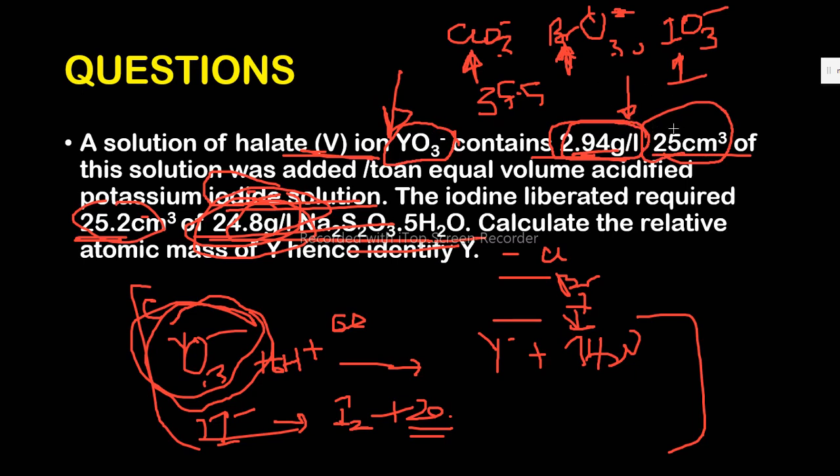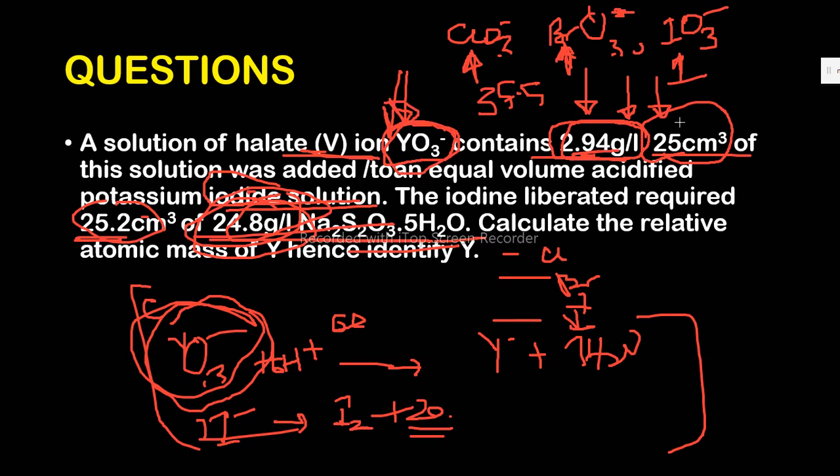So if you can get moles in a liter, but you dissolved 2.94 grams, then it means 2.94 grams contain those exact moles. Then how about one mole? Now if you have one mole already, can't you get the relative atomic mass?